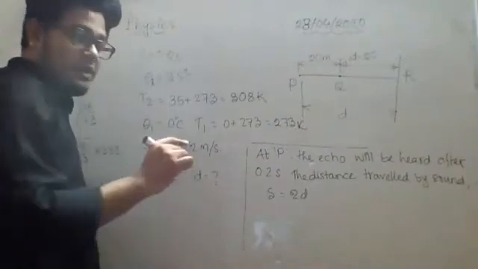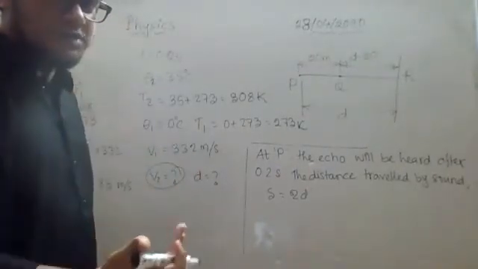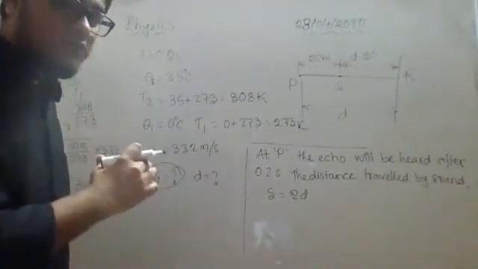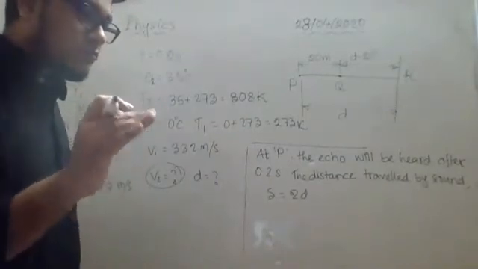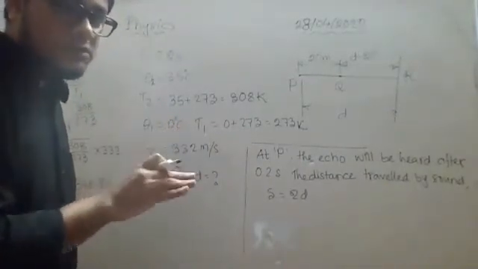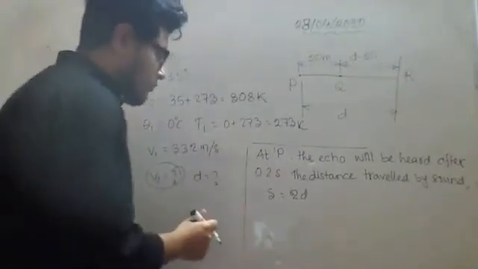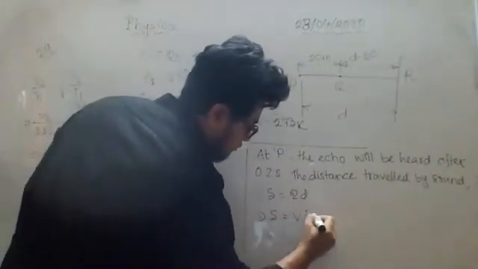I already told you many times that whenever we are talking about the velocity of sound or light, we consider uniform velocity if there is no change of medium. If there is no change of medium, there will be no change of velocity, so the velocity is uniform. We know this from the motion chapter. So for uniform velocity, I can put S equal to Vt.